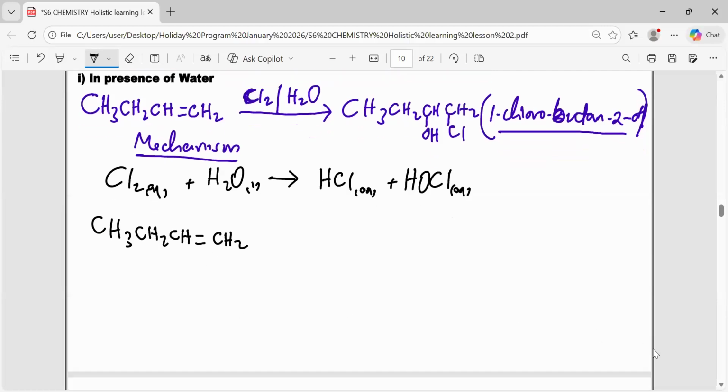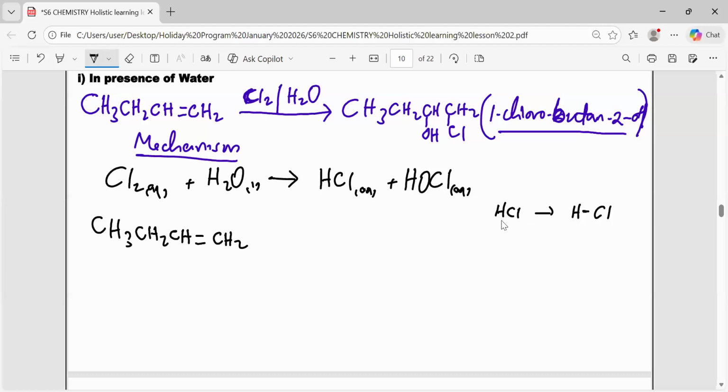We dissociate, so we get the hydrogen chloride. When you dissociate hydrogen chloride, what do we form? We get hydrogen proton and chloride.